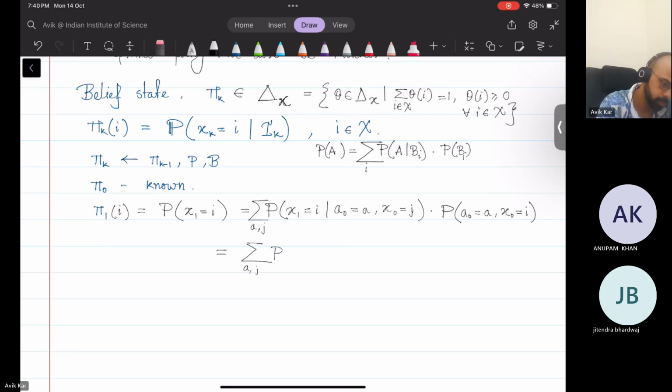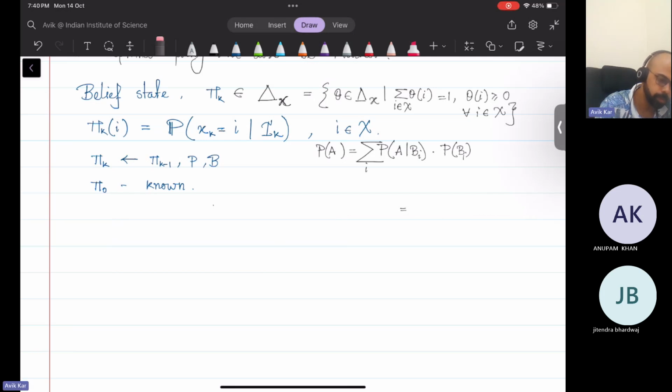So we have already observed y. So there is something more complicated that will happen. So this is wrong.